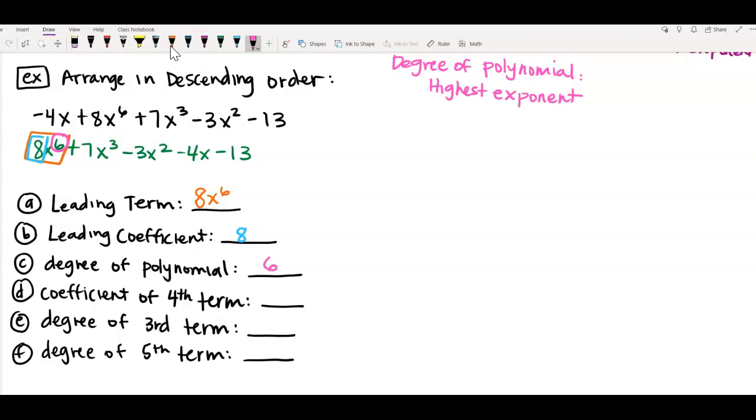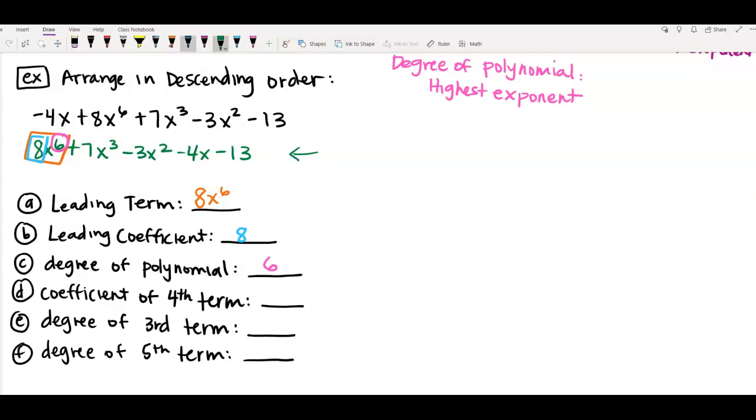Okay, we've got a few different answers. I'm asking you to answer the questions after you arrange it in descending order. So I'm looking at this one here in green. When I'm talking about the fourth term, I'm talking about the fourth term in here.